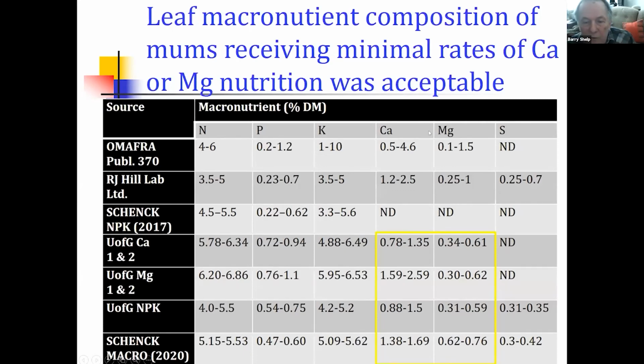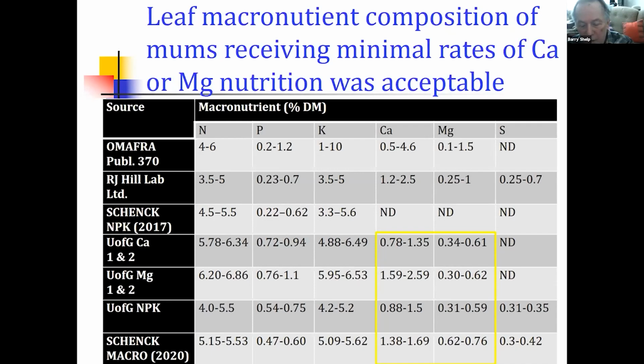The leaf macronutrient composition also indicates that in these 4 trials the calcium and magnesium levels are all within the acceptable range found in the extension literature.